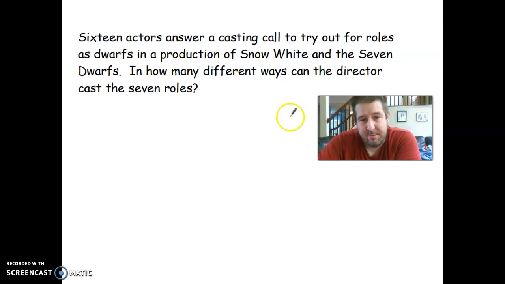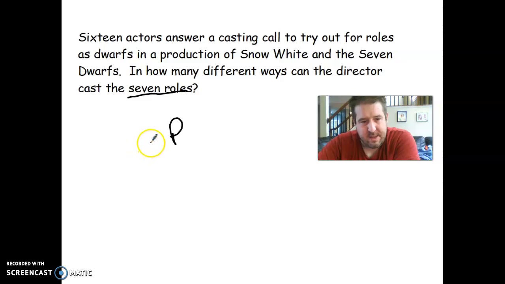But it says how many different ways can a director cast the 7 roles? Well, that means we want to know how many different ways one actor can be chosen for Sleepy, and all the other ones, whatever they all are. I don't know them, sorry. So therefore, the order does matter because they're all different characters. So this is a permutation based upon the way that this question's worded. This is a pretty tricky one.